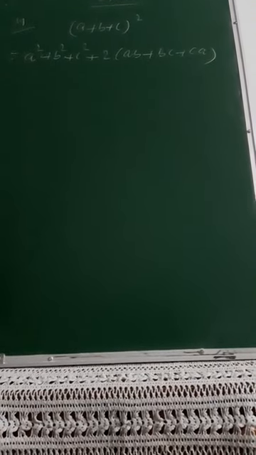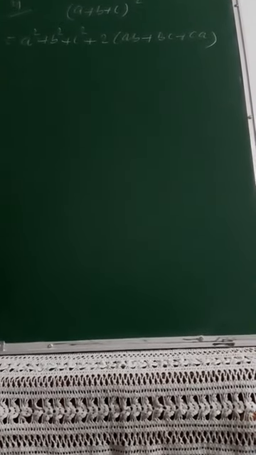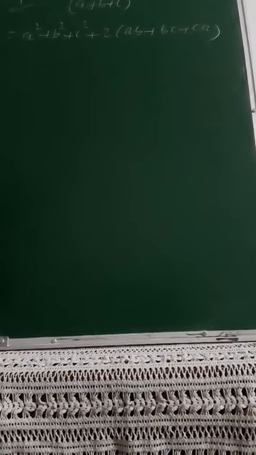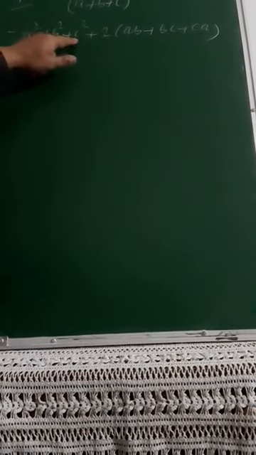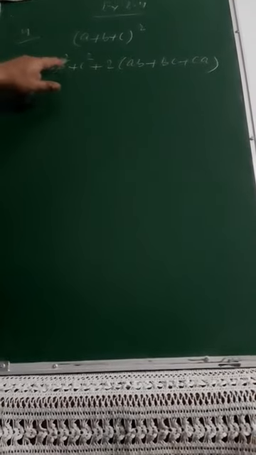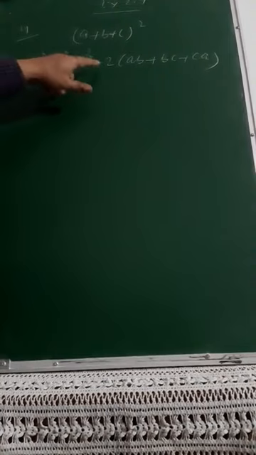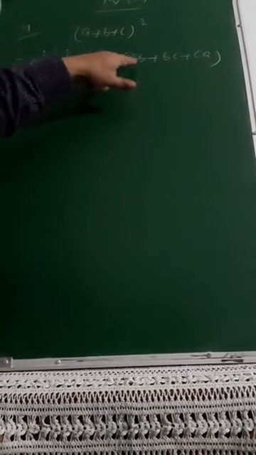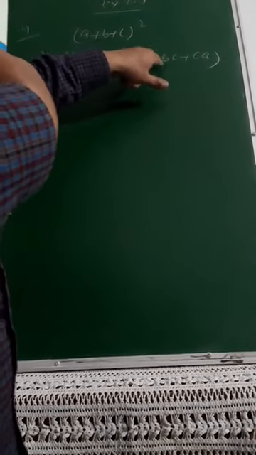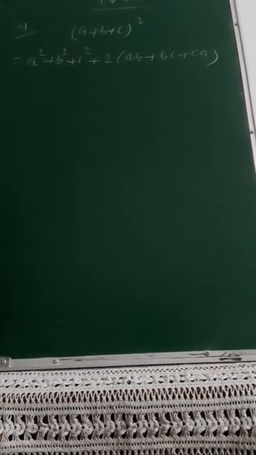But if any two are negative, keep those two inside the brackets and apply the same a square plus b square plus c square. Suppose b and c are negative, then put the plus sign outside the bracket, and inside the bracket use (minus b) whole square and (minus c) whole square, and wherever b and c are, a into minus b, minus b into minus c, and c into a. I will do that wherever required in the application part.